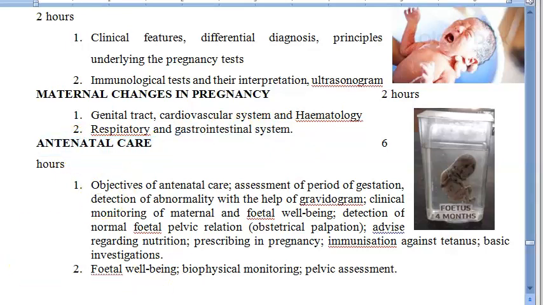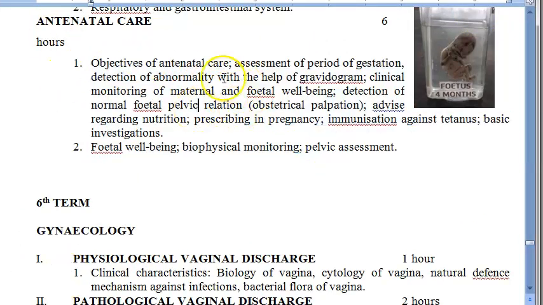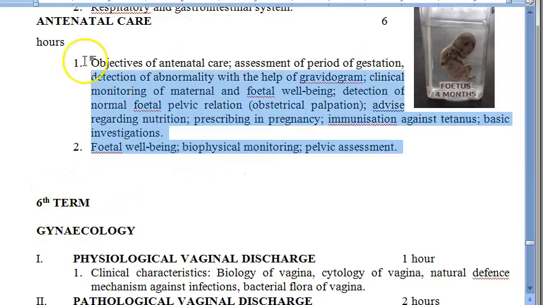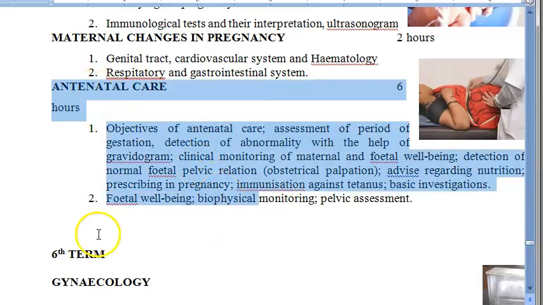Antenatal care. Antenatal is before the birth, right? So when the lady comes to you carrying, or even before she gets pregnant, where you have to give folic acid, etc. Are you able to understand? After antenatal, what will you have?